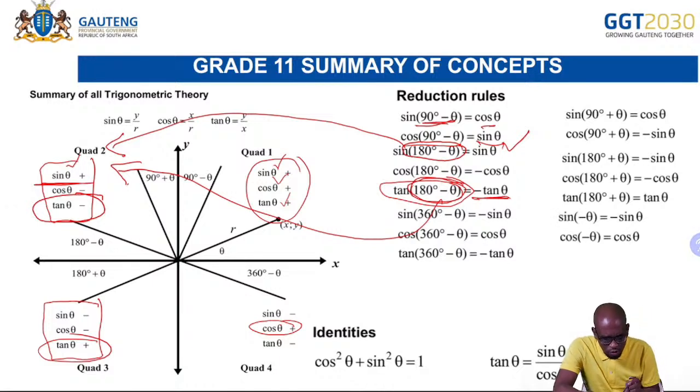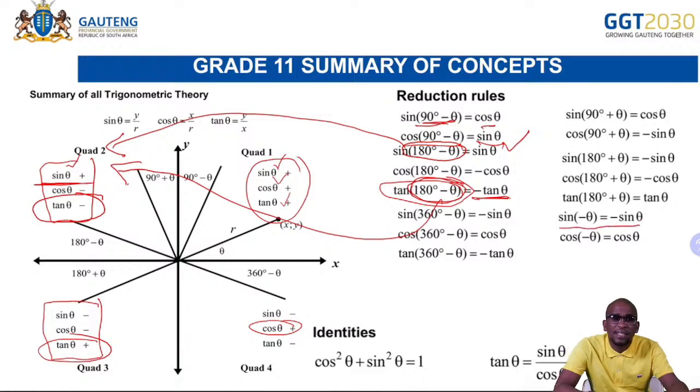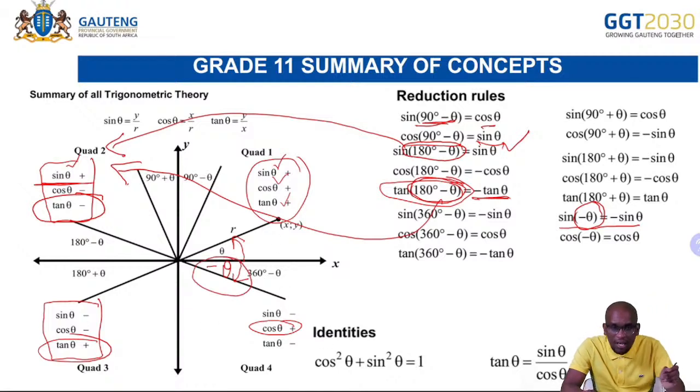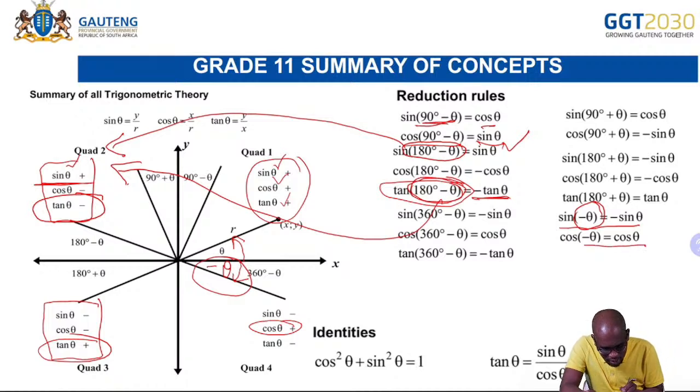Now we need to also zoom into the concept of negative angles. When we explain that concept, we refer to the negative angle as an angle that is in the fourth quadrant, because if you move anti-clockwise and then move the same angle in the opposite direction, you'll get that the negative angle would be in the fourth quadrant, and in the fourth quadrant it's only cosine that is positive.